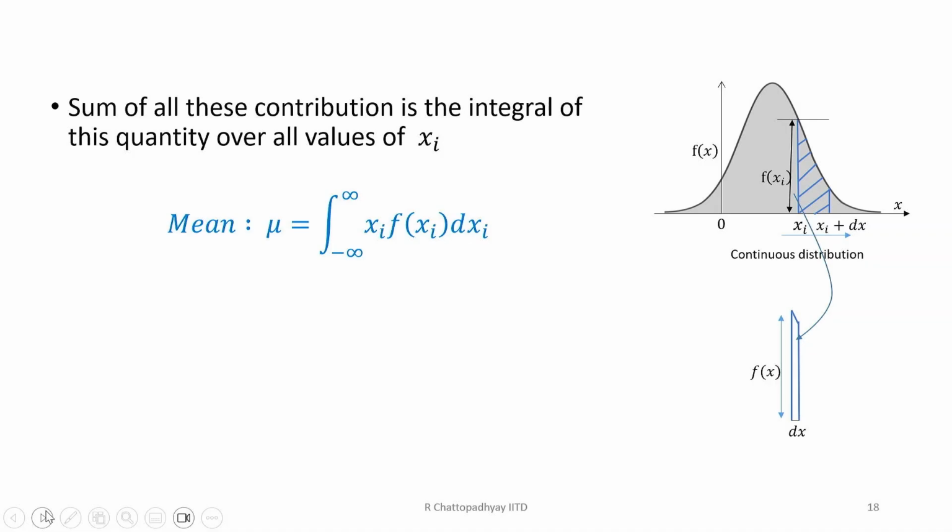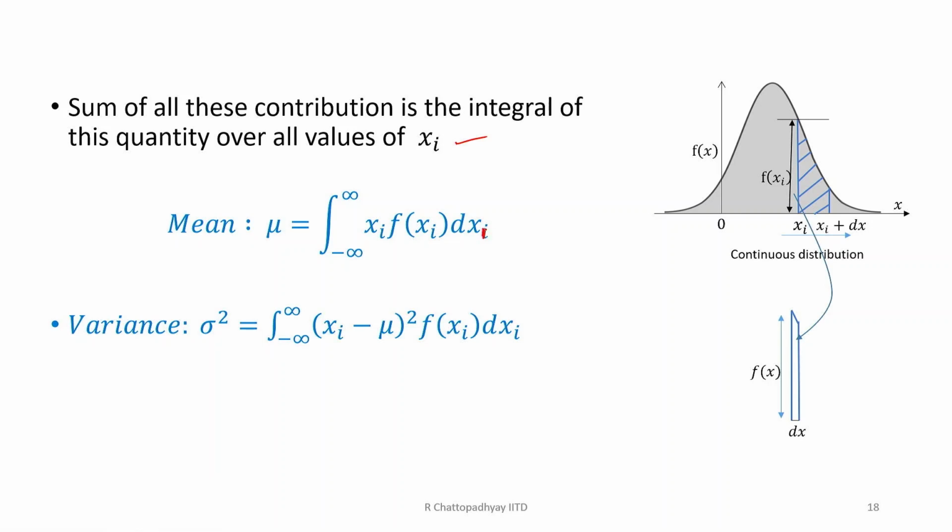The sum of all these contributions is the integral of this quantity over all values of xi. So mean is going to be the integral of xi f(xi) dx, where x is varying from minus infinity to plus infinity. That is, this side it goes to minus infinity and this side the limit is up to plus infinity.